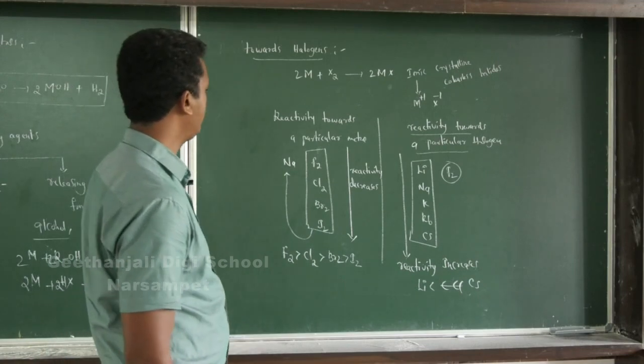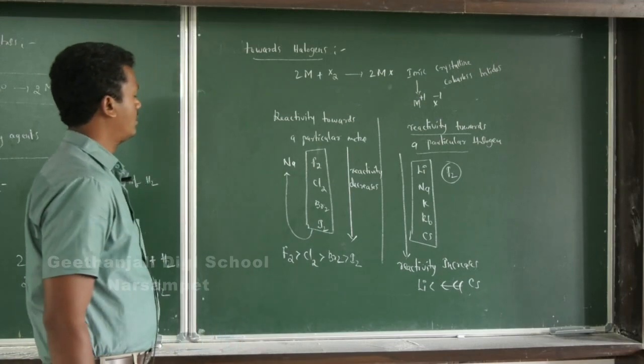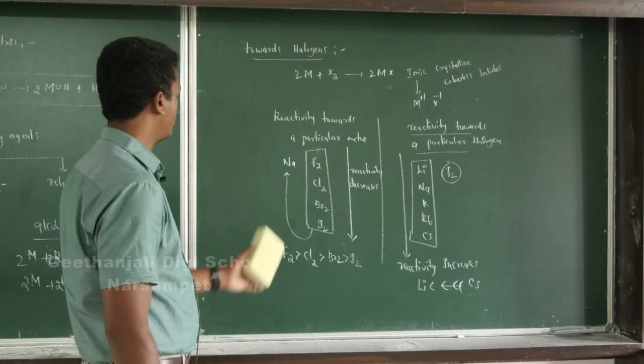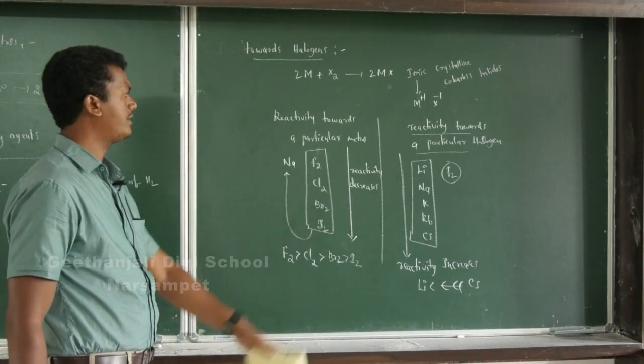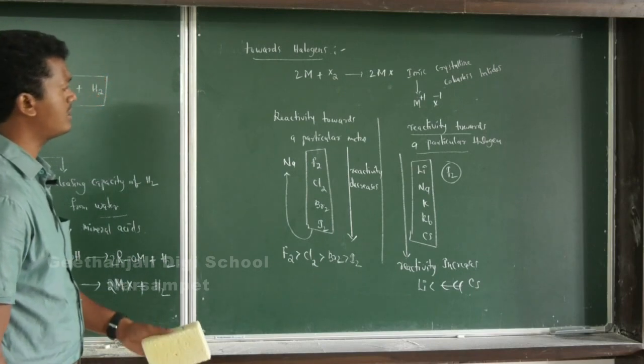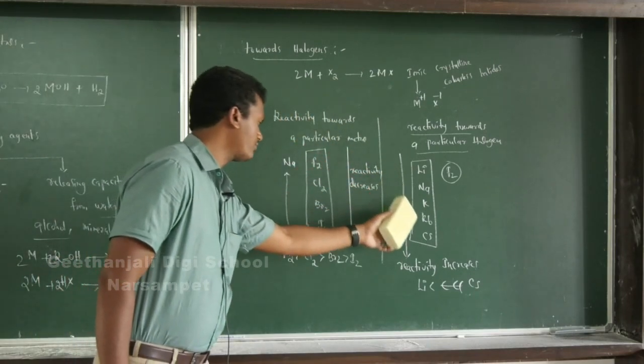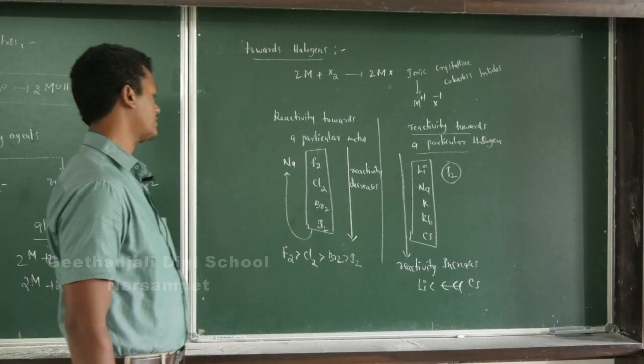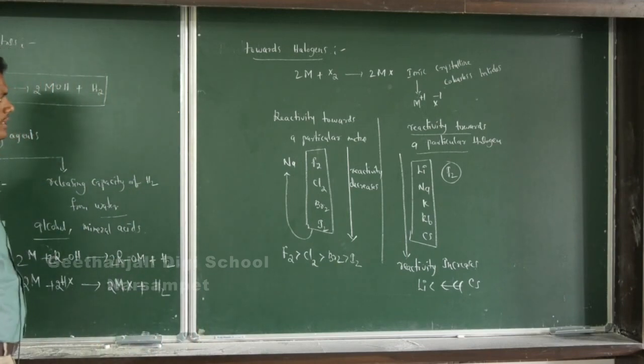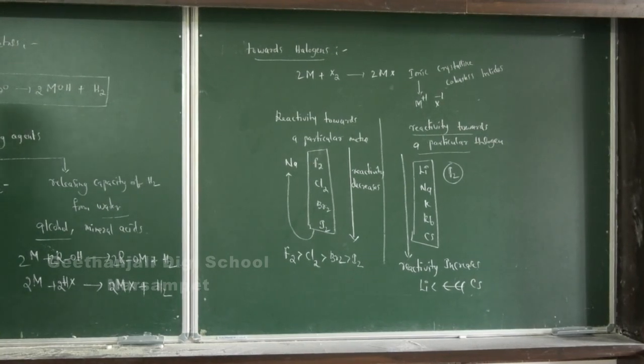Definitely fluorine is a highly reactive non-metal towards the particular metal. And for reactivity towards a particular halogen, the reactivity order of alkali metals increases from lithium to cesium. That is reactivity towards halogens.